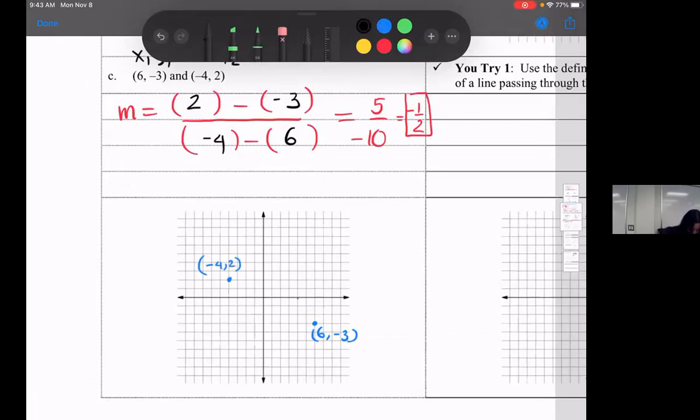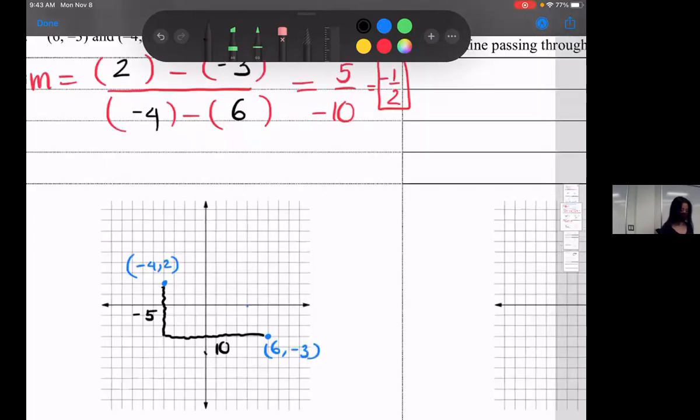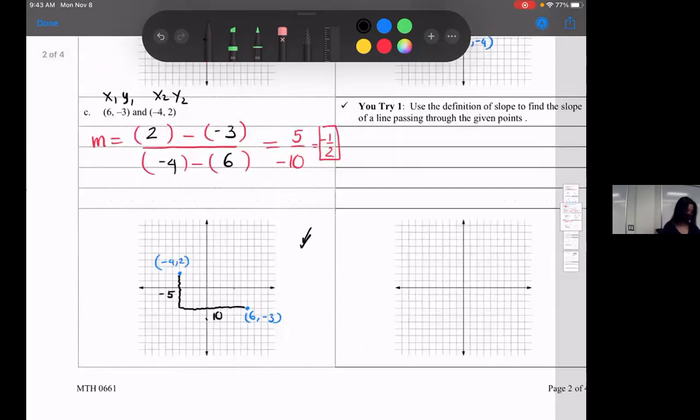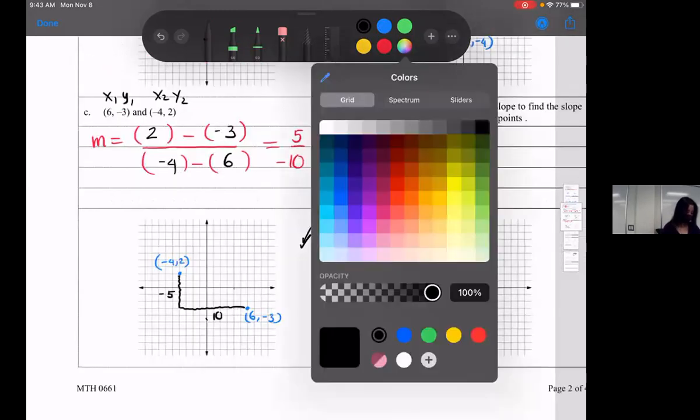Go down, right? Let's see how many units I go down. 1, 2, 3, 4, -5, right? And then you go over to the right to make a right triangle. 1, 2, 3, 4, 5, 6, 7, 8, 9, 10. 10 units to the right. So that'll be -5/10, or -1/2. Yay. Check.